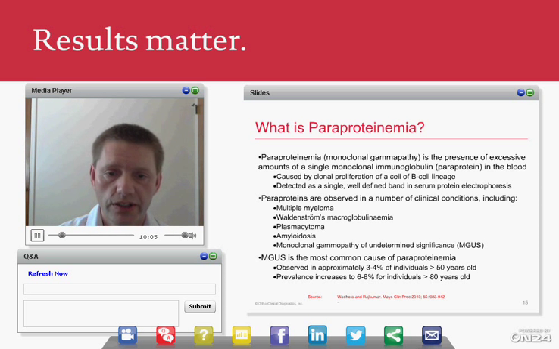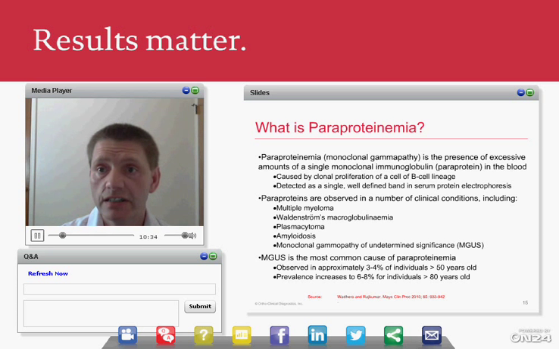Those monoclonal immunoglobulins are called paraproteins, and the disease itself is also called monoclonal gammopathy. It's caused by clonal proliferation of B cells, and it's typically detected in gel electrophoresis as a well-defined band. Well, any type of electrophoresis, actually.